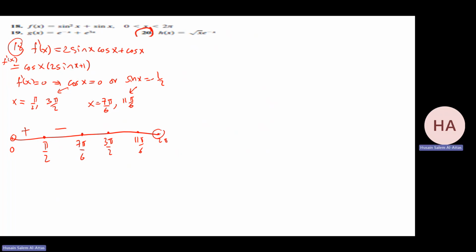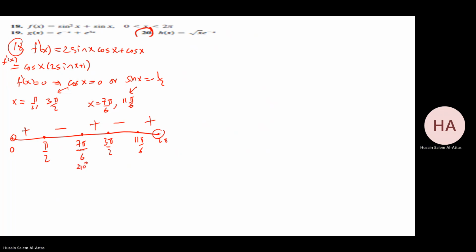Take a value between 7 pi over 6 and 3 pi over 2. You can take it as degrees and then conclude, just to save time. That will be positive. That will be negative. That will be positive. Take a value in each period. We can convert those to angles or to degrees. So that will be what? That will be 210.